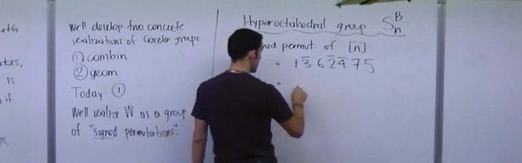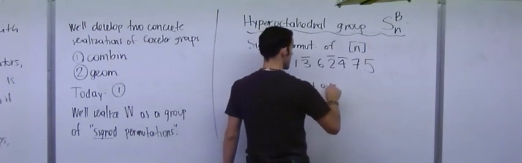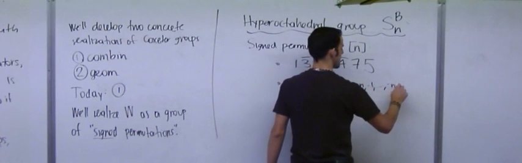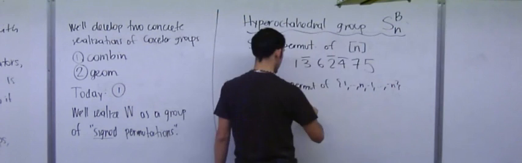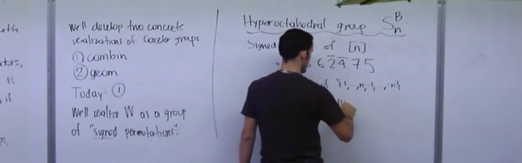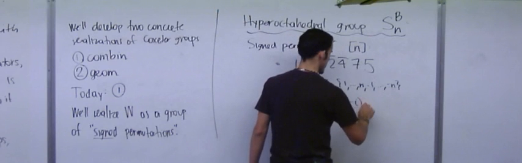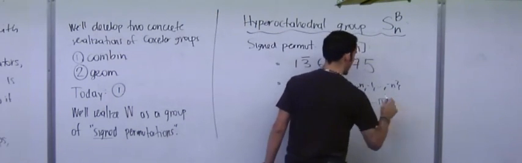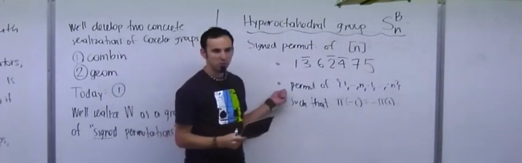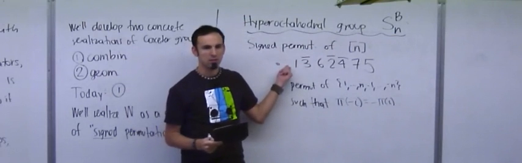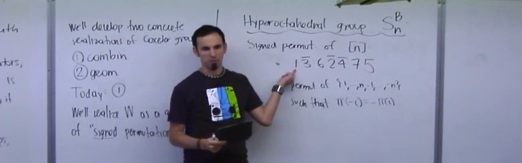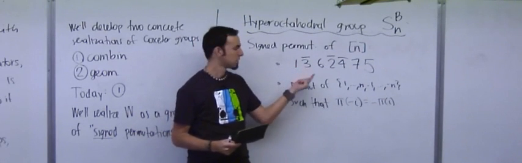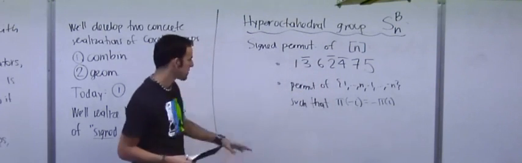You can think of this as a permutation of the set 1 up to n and minus 1 up to minus n, such that the permutation entry of minus i is minus the permutation of i. So from this point of view, the way I'm thinking about this permutation is saying pi of 1 is 1, pi of negative 1 is negative 1. Pi of 2 is negative 3, pi of negative 2 is 3, etc. So same thing. You'll see it described in this way sometimes.